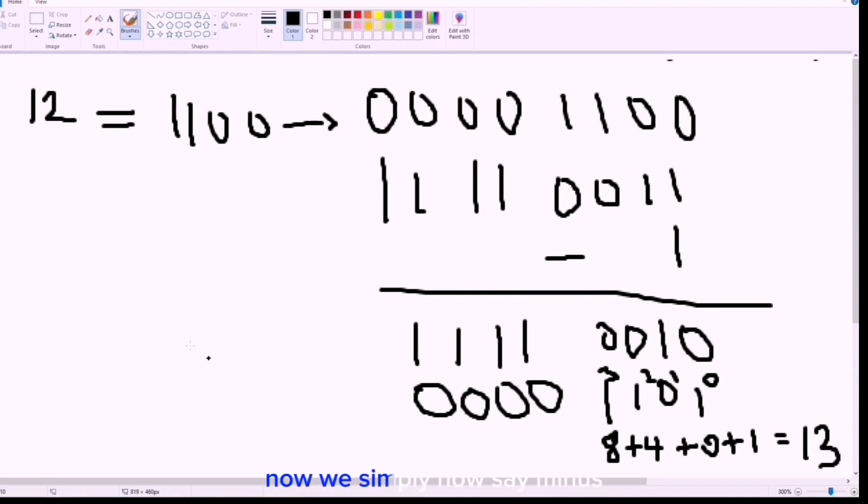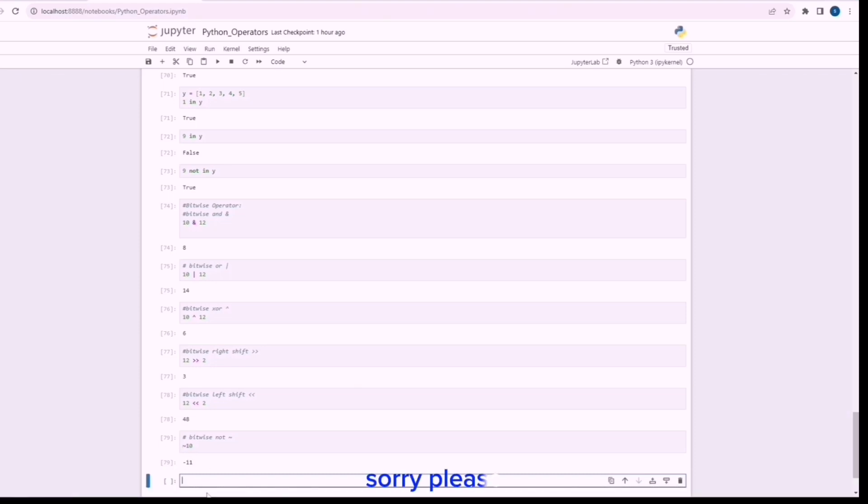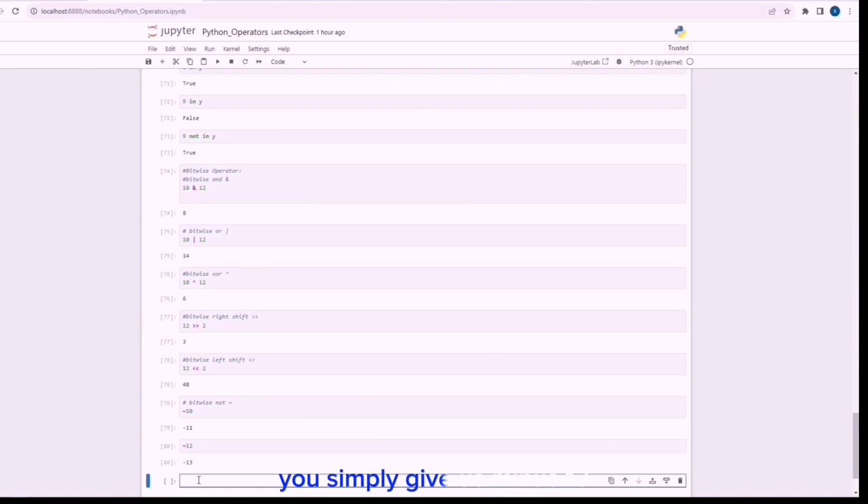Now we simply say minus 13 because the NOT gets to invert everything. Sorry, please, I did NOT 12 here. So NOT 12 will simply give us minus 13.